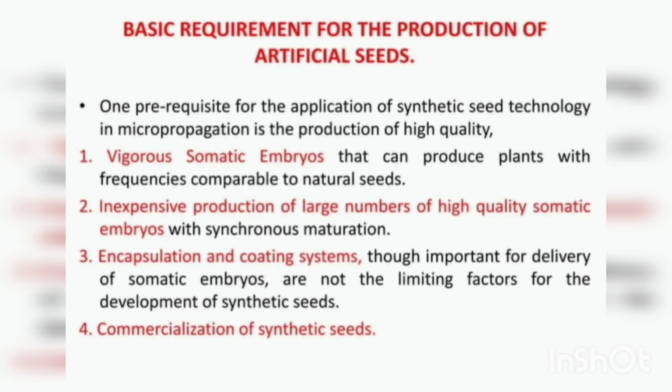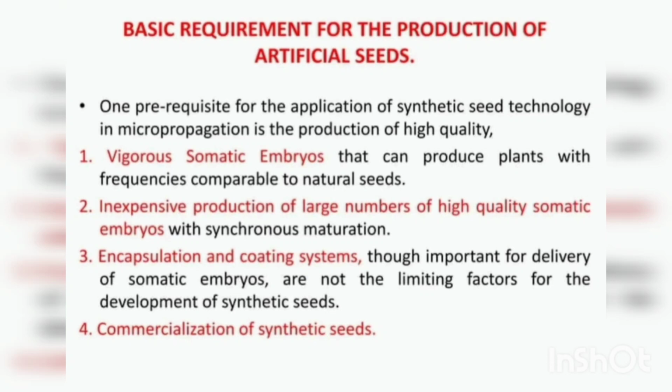Then the encapsulation and coating system is not a limiting factor, because somatic embryos can be encapsulated or coated and it is very easy to produce. Then commercialization of these synthetic seeds is also possible.